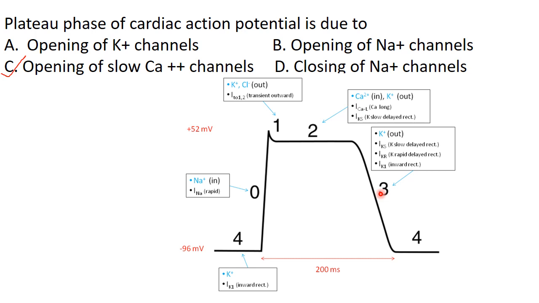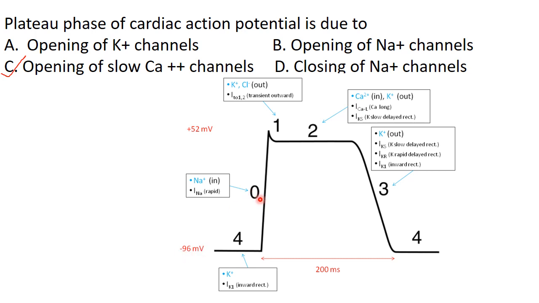Here the resting membrane potential is due to the activity of the Na plus K plus ATPase pump. The exchange of 3 Na plus ions out for 2 K plus ions in maintains the resting membrane potential at minus 96 or 92 mV. In some textbooks it is given as minus 90 mV also.